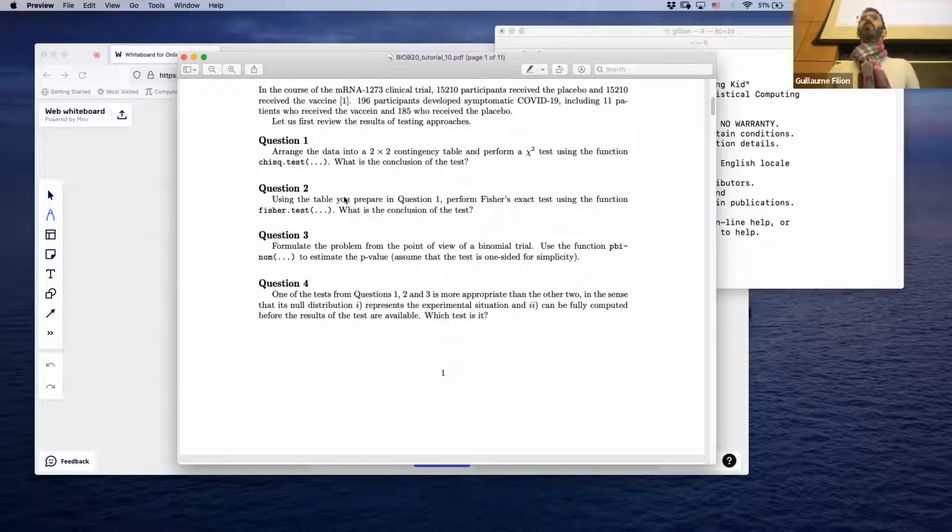And that would be possible only if they had decided what the margins should be beforehand, but in this case, it doesn't look like they had. So the Fisher test, well, you can perform it, but that doesn't really correspond to what has happened in the trial. The binomial test, you can also perform it, but you need this magic number 196, which you did not have before you started to record the data. Only in the case of the chi-square, you do not need that number, and you're fine.